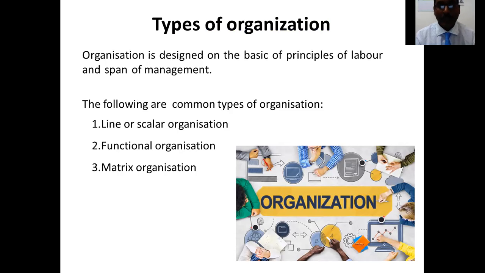One is the line or scalar organization. This is the earliest form of organization. Second is the functional organization, and third is the matrix organization, which is the latest or recent trend.